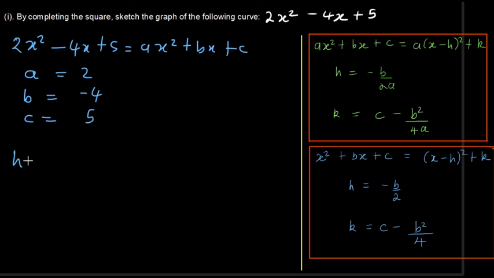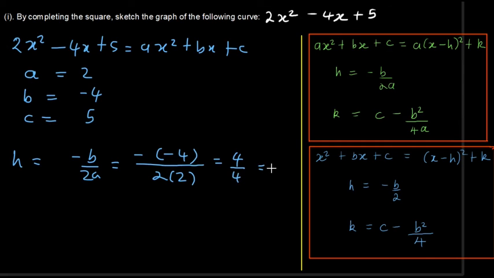Now we need to find the value of h, which is minus b over 2a, which is minus minus 4 over 2 times 2, which is 4 over 4, which is 1. And now we need the value of k, which is c minus b squared over 4a. c is 5, minus b squared, which is minus 4 squared, over 4 times a, and a is 2.